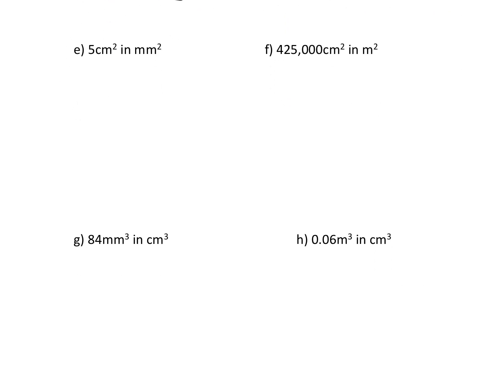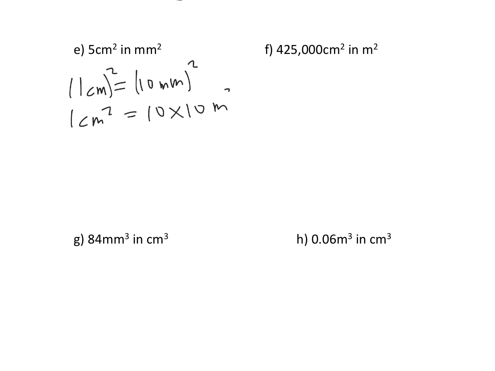Okay, part E. Here we're changing between centimetres squared and millimetres squared. I would begin with what I know about centimetres and millimetres. 1 centimetre is 10 millimetres. If I square that, I'll get the squared conversion. 1 centimetre squared would be 1 centimetre squared. 10 millimetres all squared would be 10 times 10 millimetres squared.